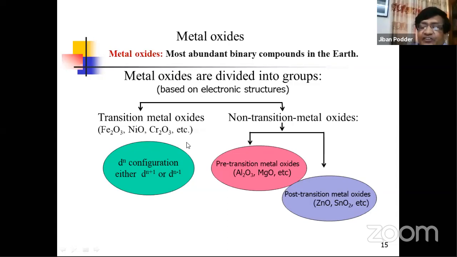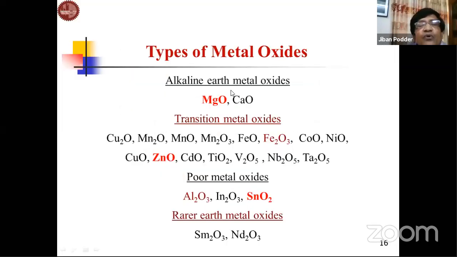So these are transition metals. Here again, there are more metal oxides like the alkaline earth metal oxides, the poor metal oxides, and the rare earth metal oxides. So this is the classification of metal oxide materials, the overview.